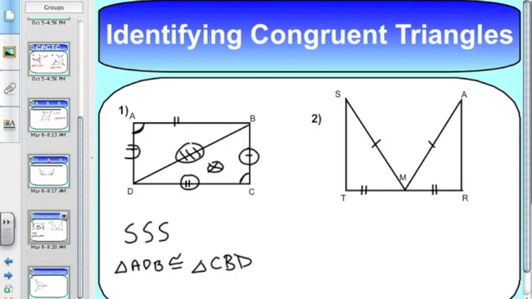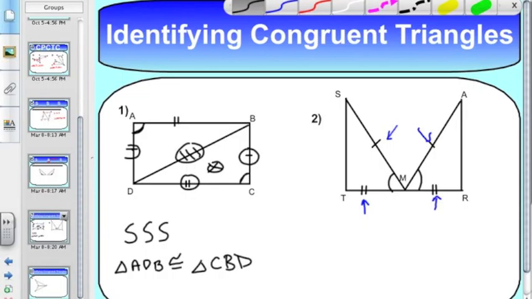Okay. All right, take a look at number 2. Looks like I forgot to give you some information there. Angle SMT is equal to angle AMR. So now notice what we have here. We have a pair of sides that are congruent, another pair.